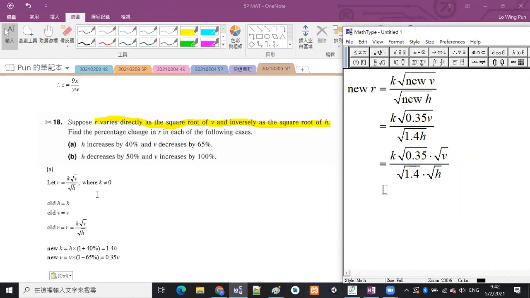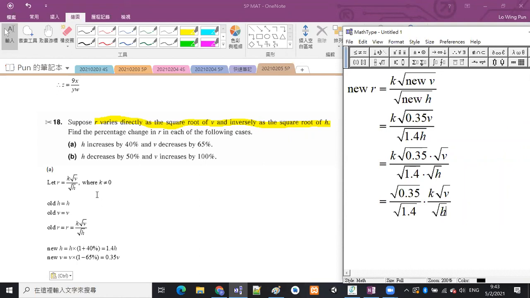After we split out the powers and roots, we put the number part in front of the whole fraction, with the numerator part staying in the numerator and the denominator part in the denominator. So square root of 0.35 over square root of 1.4, and then times the remaining fraction will be k root v on the top, and then root h on the bottom.